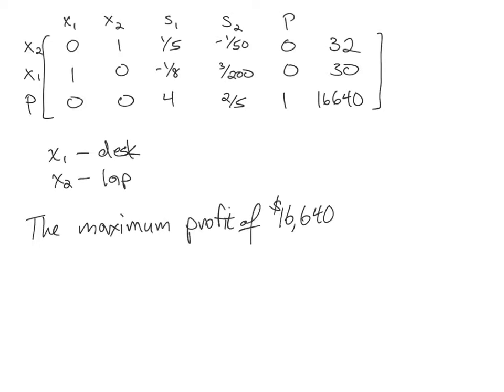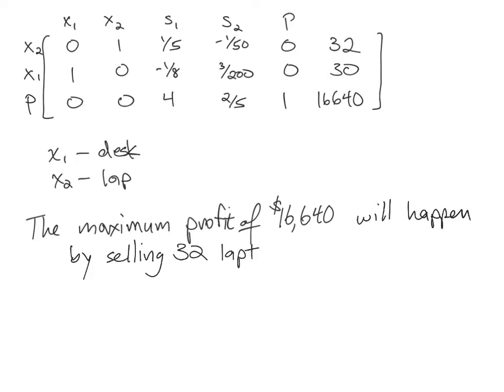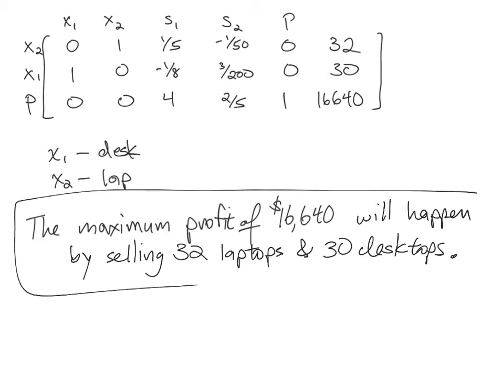In this case, this dollar sign will happen by selling 32, let's see, those are laptops, and 30 desktops. Easy. So there is the final answer.